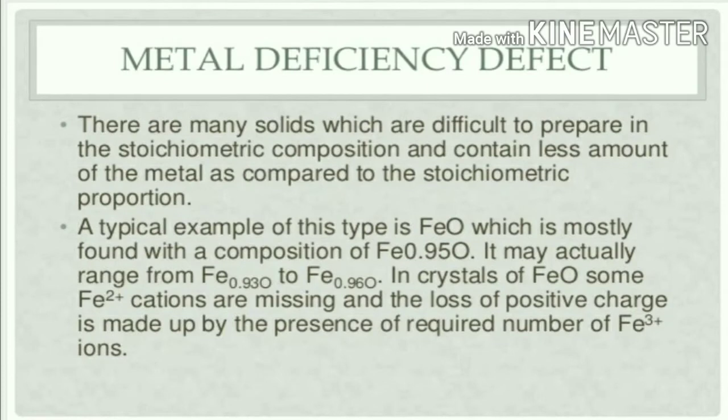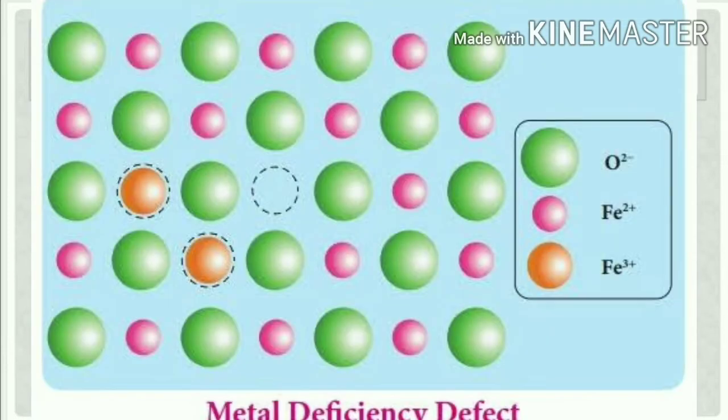Next is metal deficiency defect. There are many solids which are difficult to prepare in stoichiometric composition and contain less amount of the metal as compared to the stoichiometric proportion. Typical example of this type is FeO, which is mostly found with the composition of Fe0.95O.